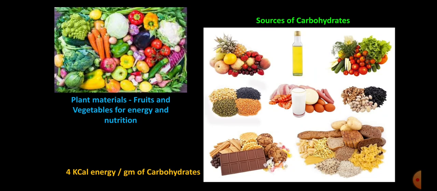As you can see on the screen, the sources of carbohydrates are milk products, that is dairy products, fruits, vegetables, legumes and lentils, chocolates, that is bakery products, and of course the dry fruits. Now these are all the sources of carbohydrates, and we know that from 1 gram of carbohydrate we get 4 kilocalories of energy.